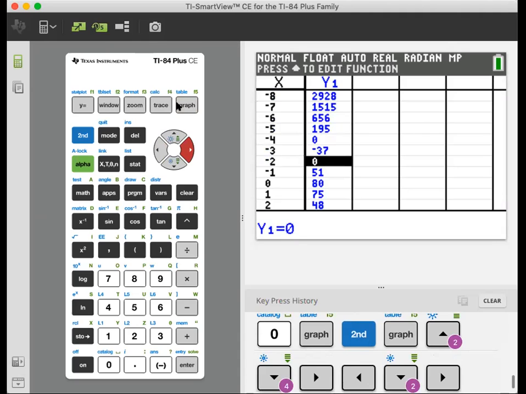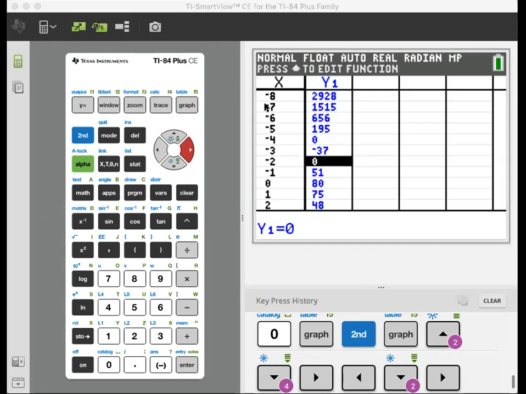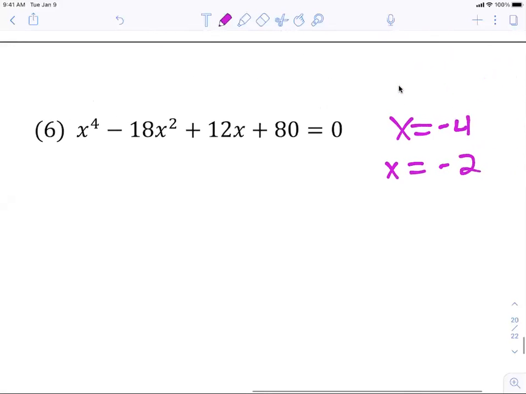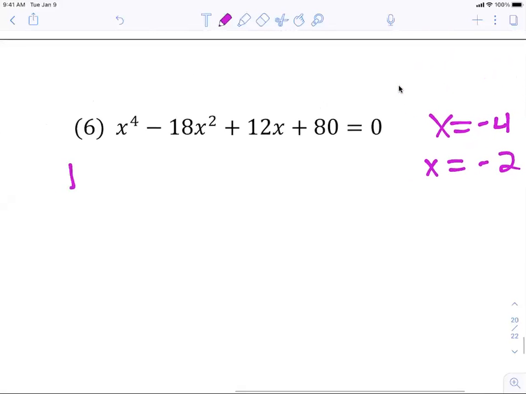So what that tells me is that those are two values that we're going to perform synthetic division with. And the cool thing is it doesn't matter which one you start with. I'm going to start with -4, just because. You could start with -2. It honestly doesn't matter. But the key is that we need a filler on this one.